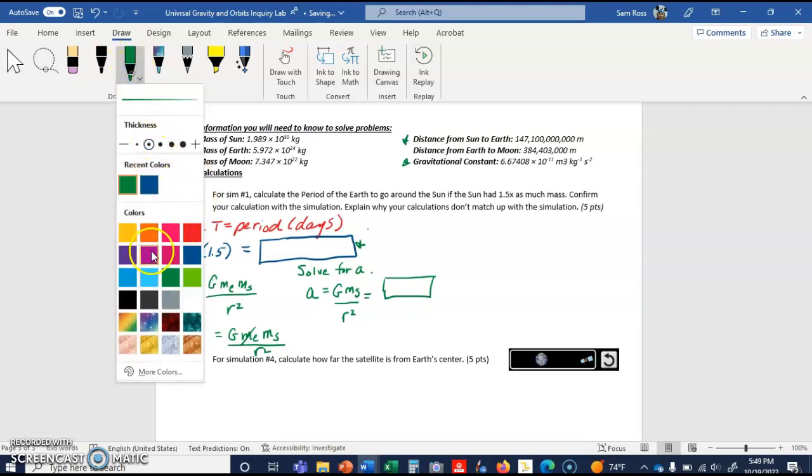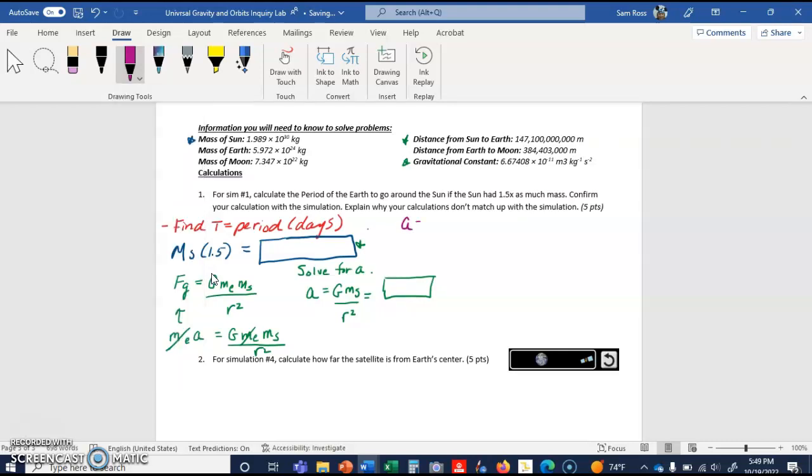So let me get another color. Another formula for A, we have A is equal to V squared over R. I believe that's angular velocity.